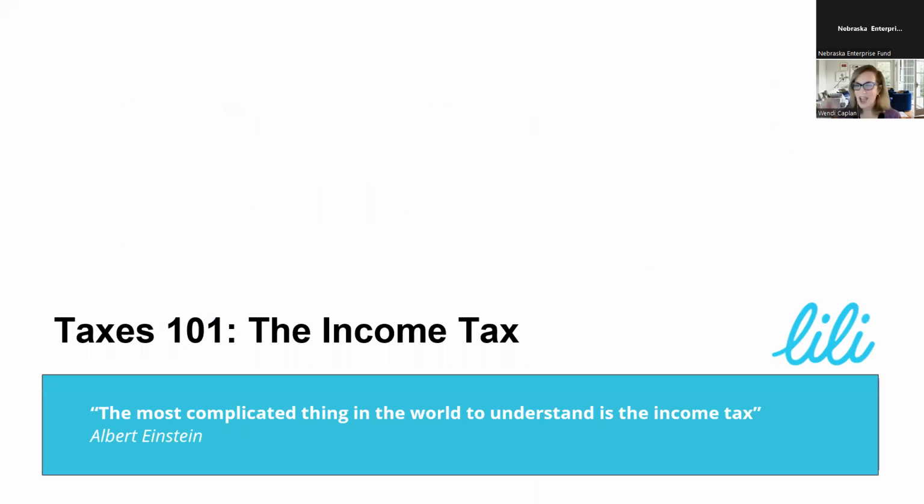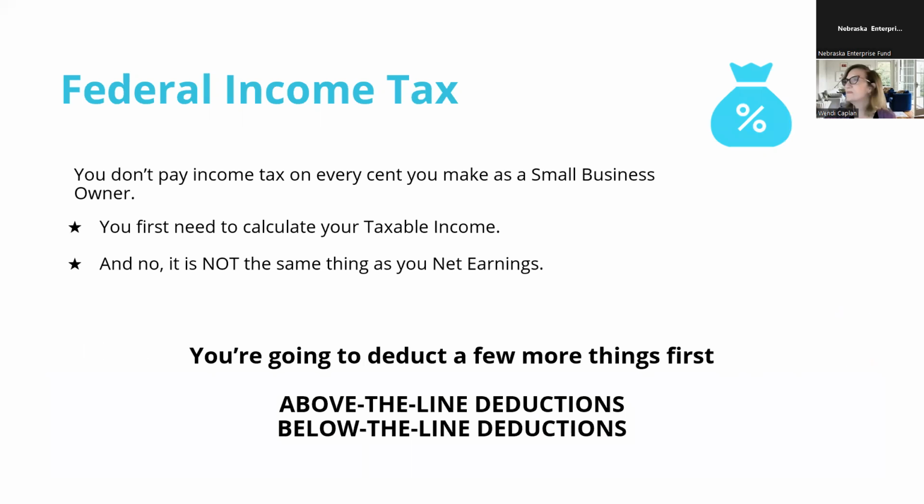Albert Einstein actually said that the most complicated thing in the world to understand is the income tax. So we don't pay income tax on every cent we make as a small business owner. We first need to calculate our taxable income, and our taxable income is not the same as our net earnings because we have more deductions.